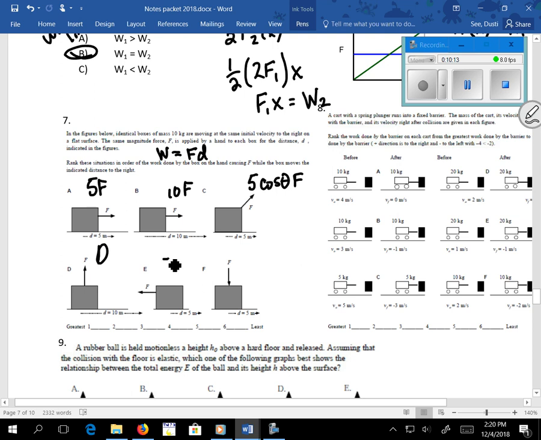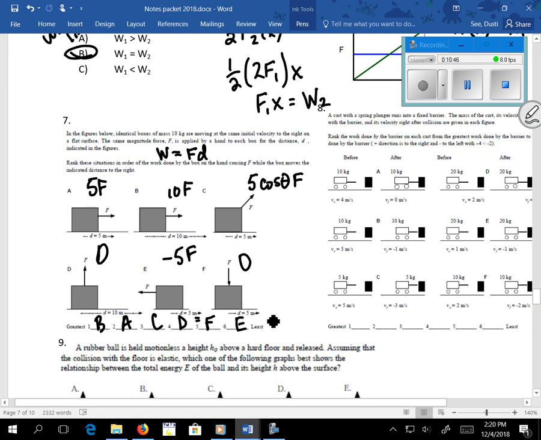This one would be negative 5F. And this one would be 0 because they are perpendicular again instead of parallel to each other. So our order would be B, A, C, D is equal to F, and then E because of the negative.